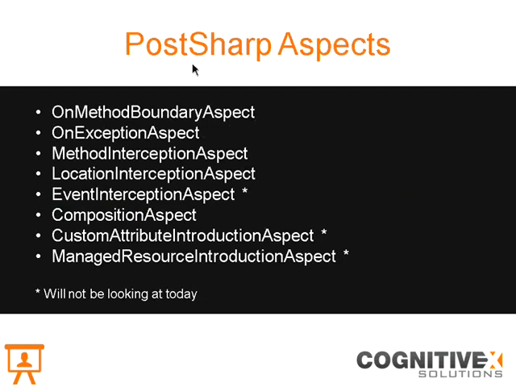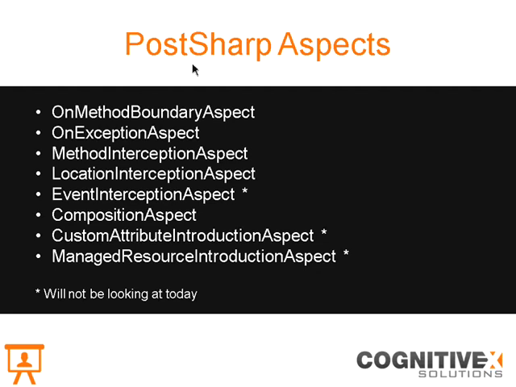Let's take a look at the aspects that are provided to you out of the box by PostSharp. Here's the list of the base abstract classes that you'll be using to create your aspects.